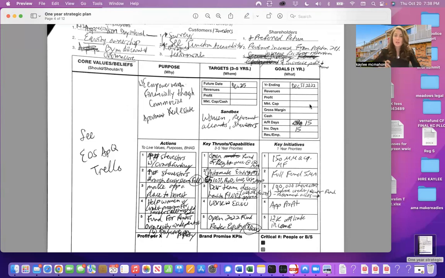This will show you here: our year ending last year, what we did, our goals, and when we would hit them. We look at quarterly revenue, profits, market cap, gross margin, cash, AR days, invoice days, and revenue.